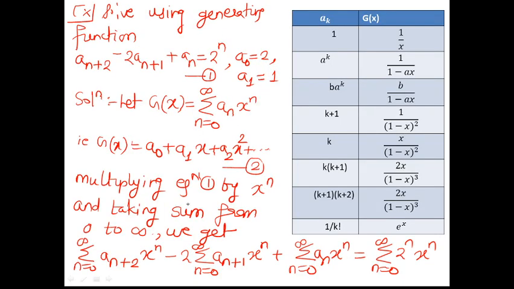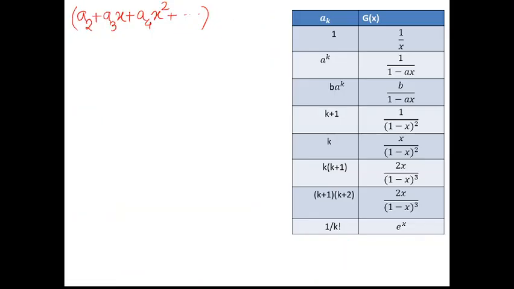Next, see minus 2, put n equal to 0 here. So a1 into x to the power 0 is 1. So a1 only. So it is minus 2 a1. Then when we put n equal to 1, we get a2 x, then a3 x square, likewise.